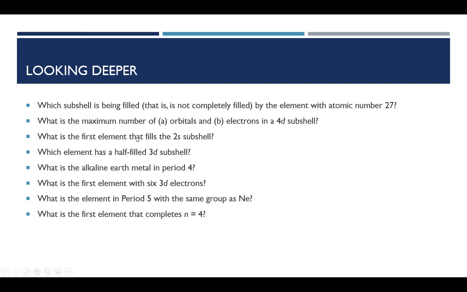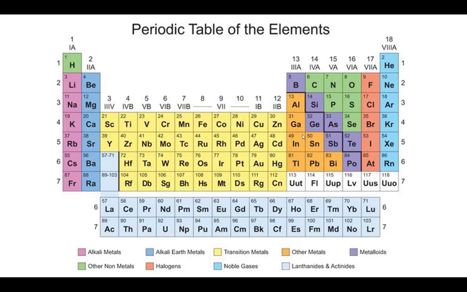What is the first element that fills the 2s subshell? So fills means it has to have all the electrons it can hold. S subshells can hold 2 electrons. So it's the first element that has 2s2 in it. What would that be? Well, these are 1s's, so that fills the 1s's. Here are the 2s's.